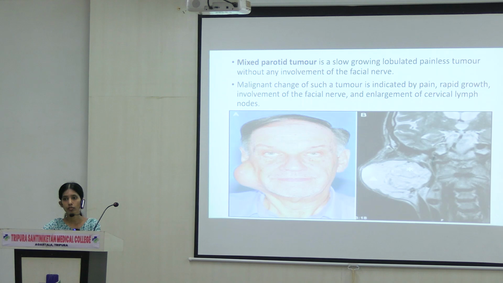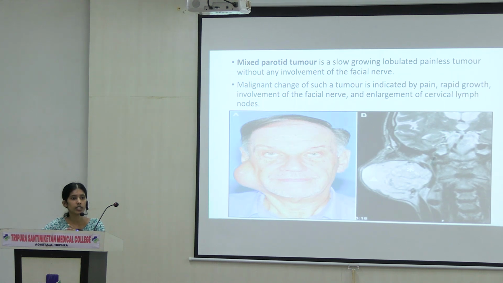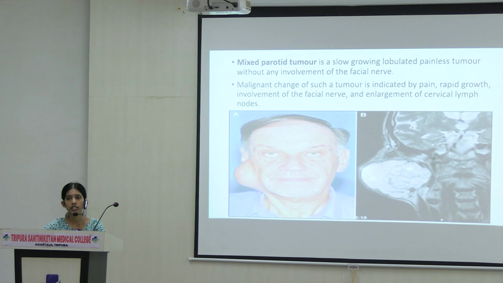Talking about external features, it has apex, base, which is also known as superior surface. Other than that, we have 3 surfaces, that is superficial surface, anteromedial surface and posteromedial surface. We have 3 borders, anterior border, posterior border and medial border, which is also known as pharyngeal border.